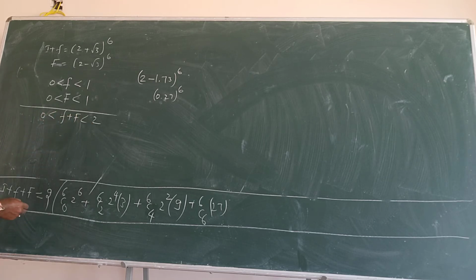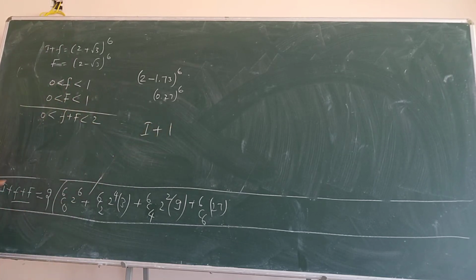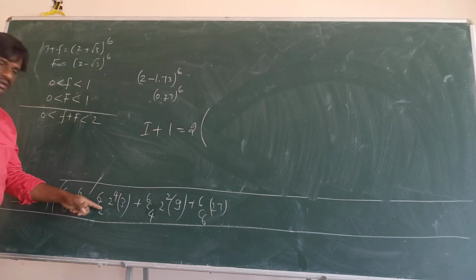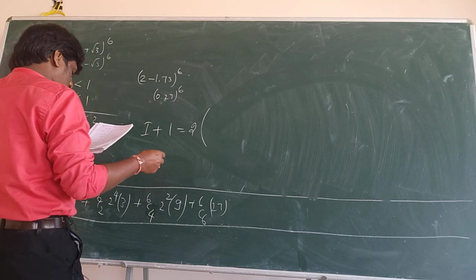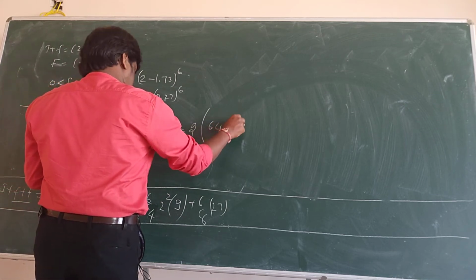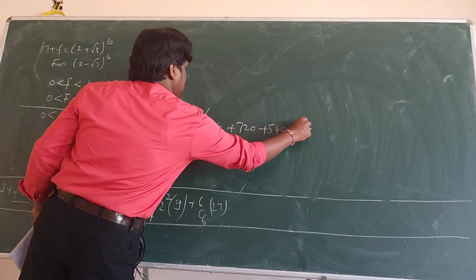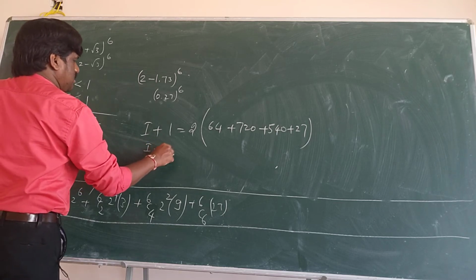So here I plus 1 is equal to 2 times (64 plus 720 plus 540 plus 27). I will write the values directly, because the mobile charging is not there.